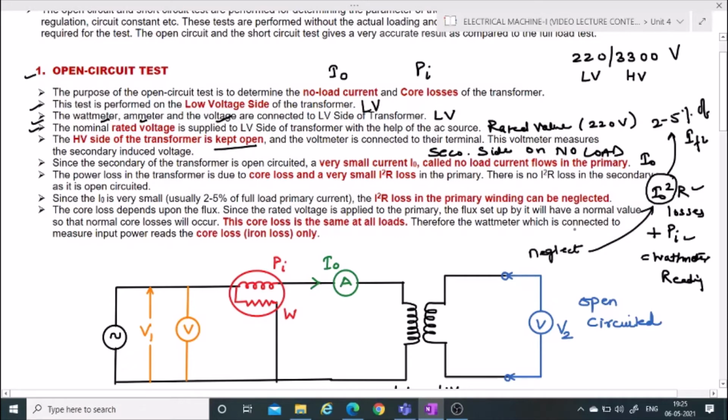So we say that the wattmeter reading in case of open circuit test will only give the iron losses.